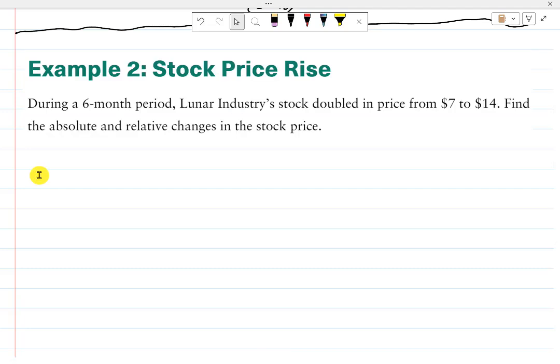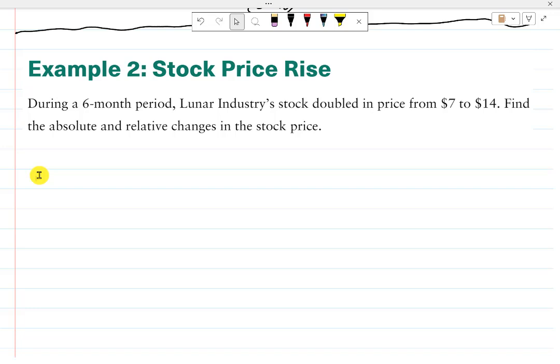Here's a problem that just is going to use the formula that we just developed. They want to know the absolute change and the relative change for a stock that went from $7 to $14. Now, if you look, this stock started at $7 and doubled to $14. That means it added $7 to its own value. That means it added 100% of its own value to itself.